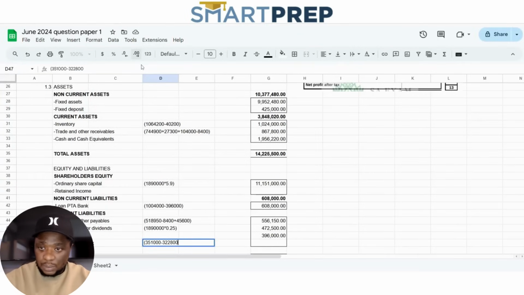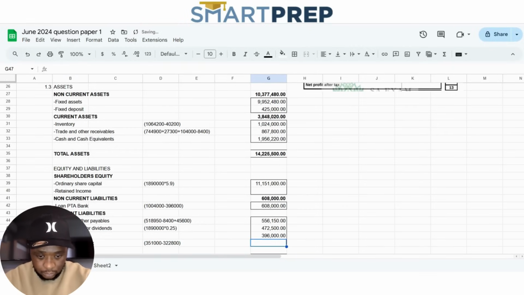And then close the bracket. And that then gives us a SARS income tax balance of 28,200. And therefore, we can now add our current liabilities.